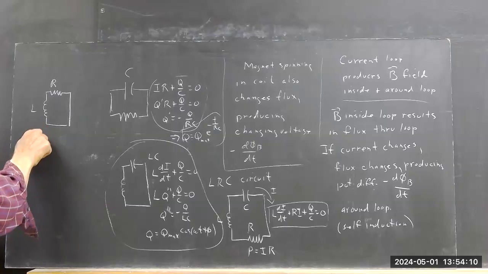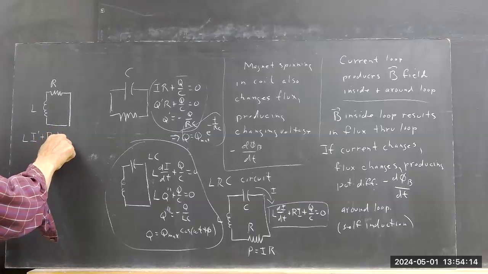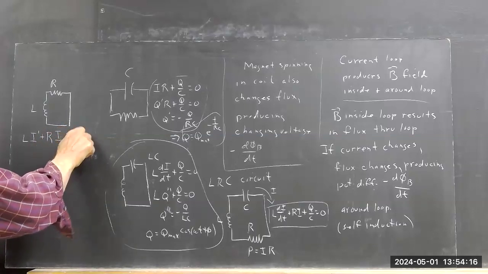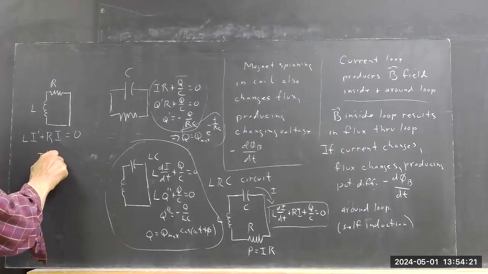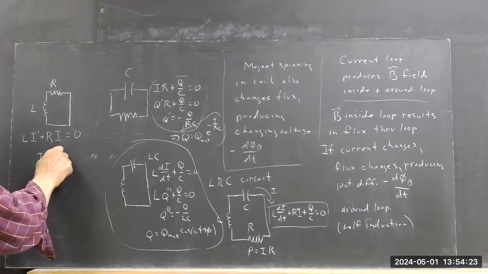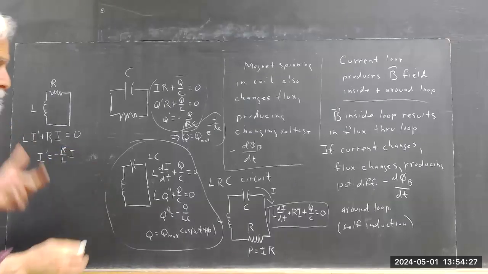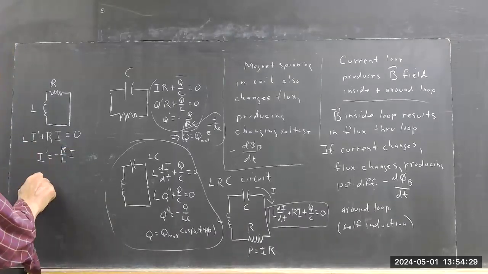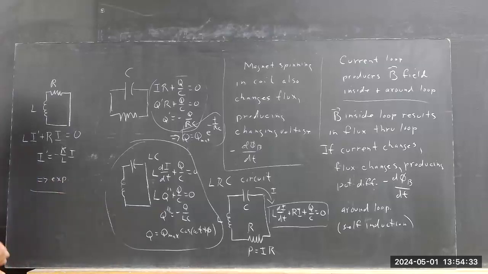L I prime plus R i equals 0. I prime equals negative R over L times I. And it's going to be exponential. Okay.